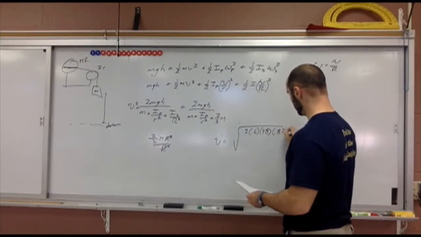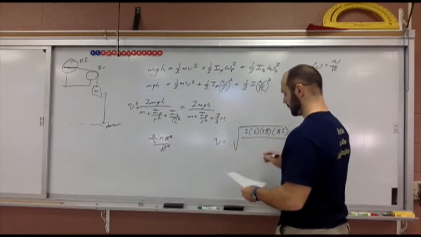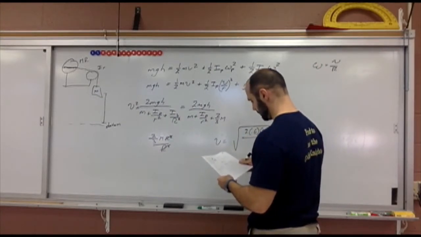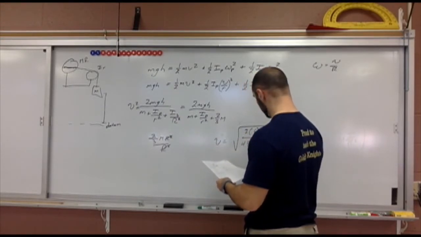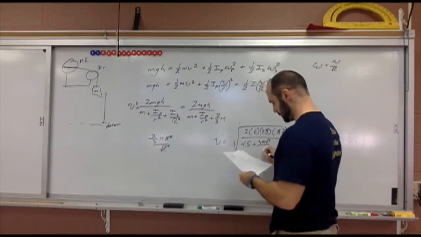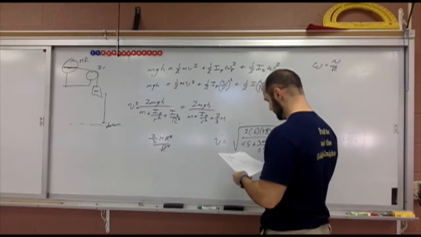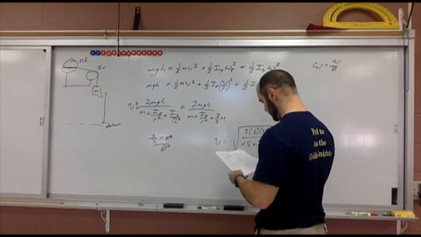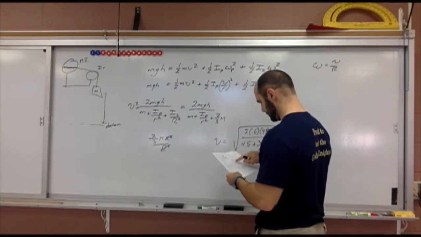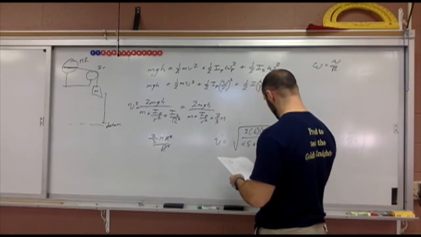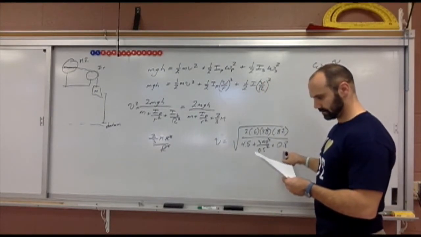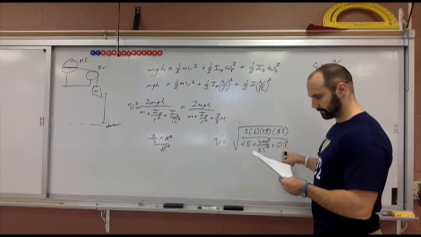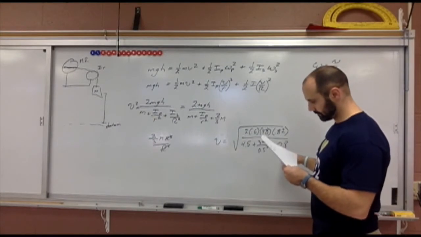Times 0.82, which is the height that it falls, over the mass, which is 4.5, plus 3 times 10 to the third over 0.5 squared, plus 0.8, because that's 0.6.